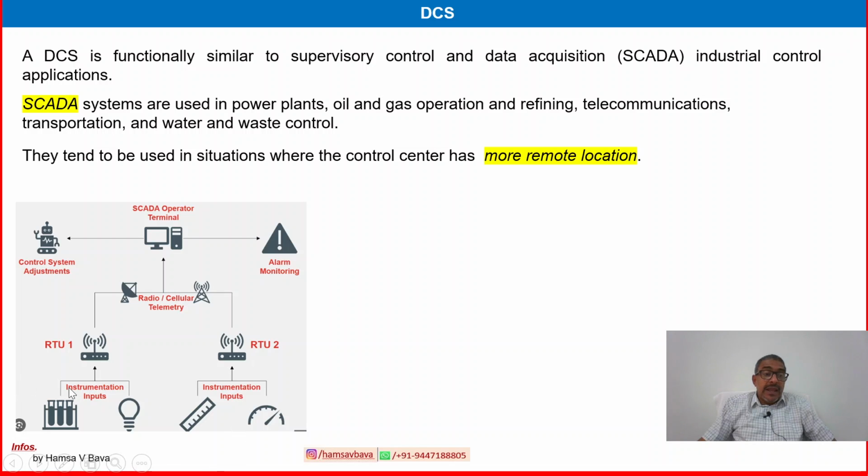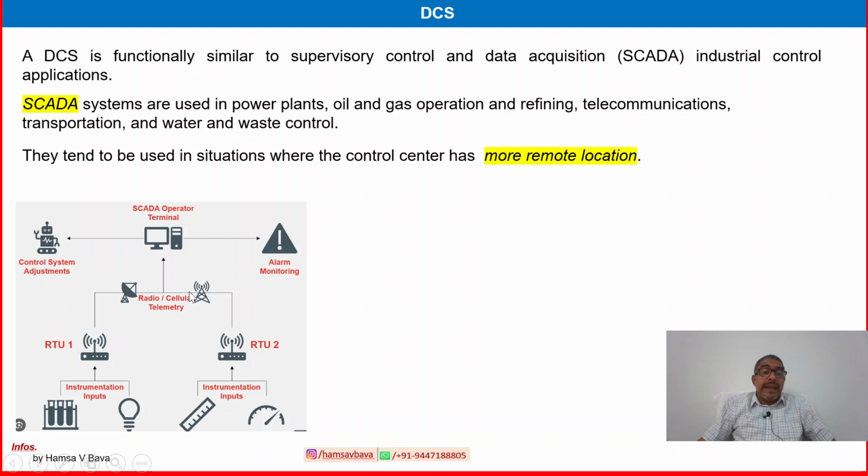You can see here the instrumentation input is coming from the field to the remote terminal unit. Instead of a local equipment room, we call it a remote terminal unit. It's the same as a local equipment room, but at each remote location we need a separate local equipment room, better called a remote terminal unit.